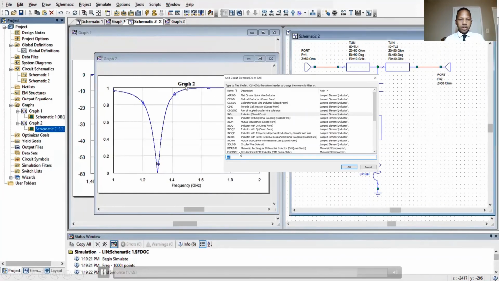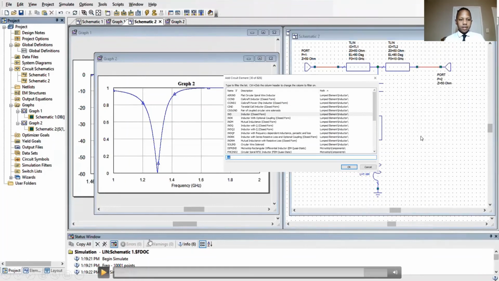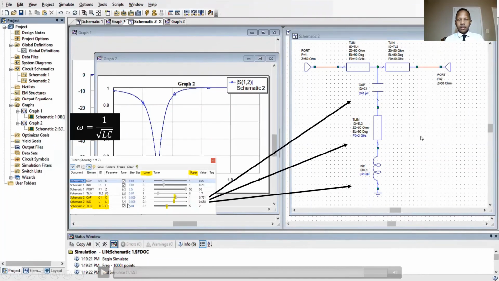And what is going on here, if I pause the video real quick, is that it's simulating the resonator. So this entire circuit right here is the resonator that is in the RF wafer, right? And it's resonating at a frequency of 1 over the square root of L times C, the inductance and the capacitance. So if I'm increasing the inductor, I'm reducing the frequency at which it's resonating.